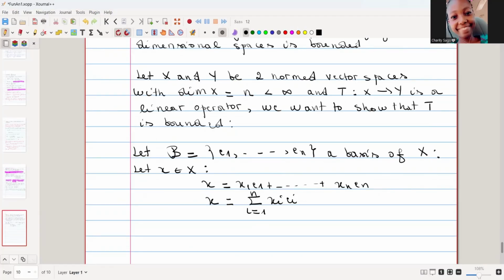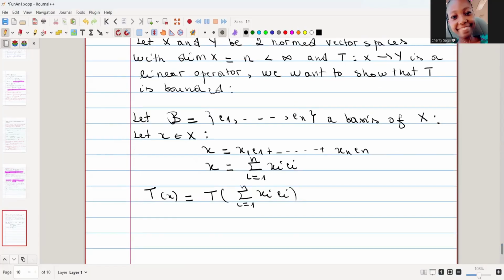That is it. Now, what is Tx? Tx is T of the sum from i equal to 1 to n of xi ei, which is equal to the sum from i equal to 1 to n of xi T(ei).